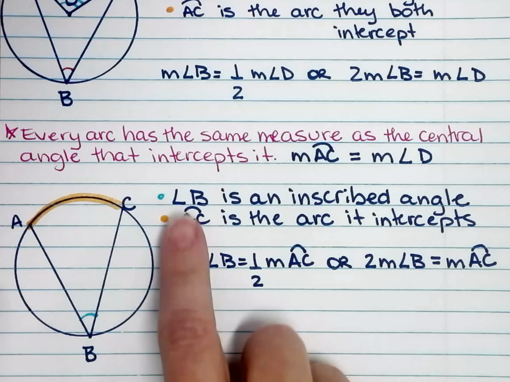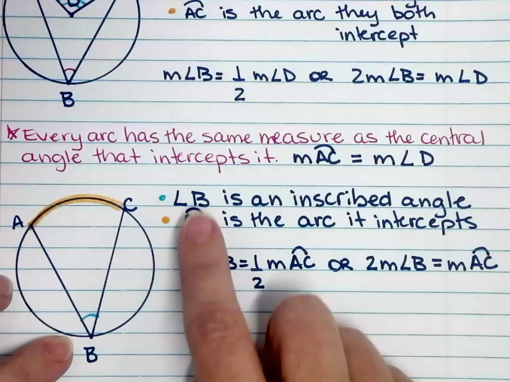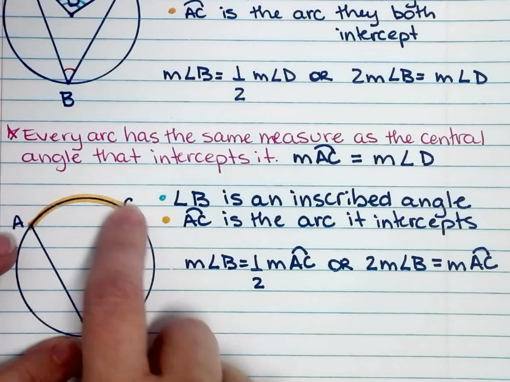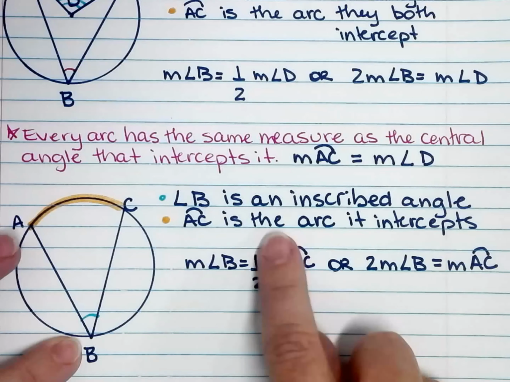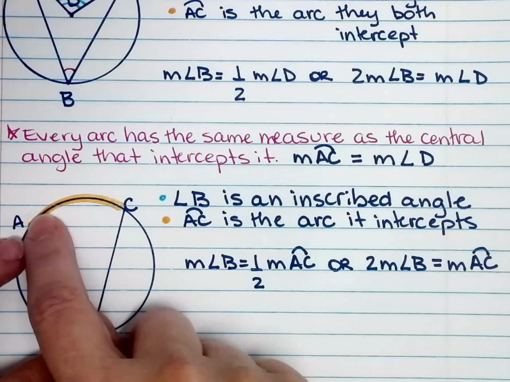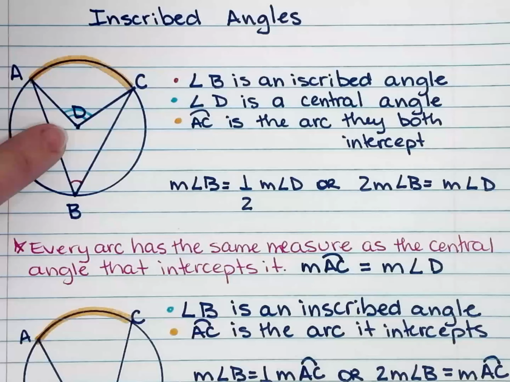The other thing, which goes hand in hand, is pretty much the same thing. If angle B is an inscribed angle, and we have arc AC as the arc angle B intercepts, then the measure of angle B is half of the measure of the arc, for the reason that we just talked about.